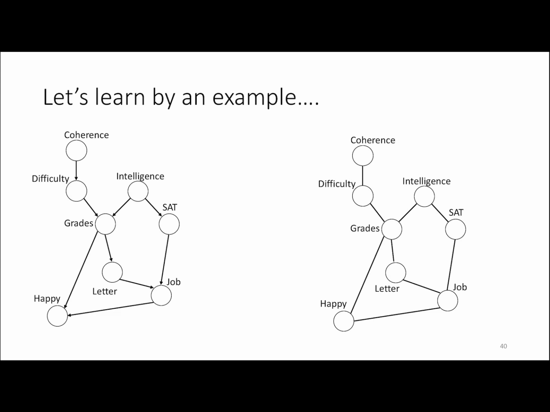The first step that we have to do is moralization. If I want to moralize that graph, whom should be connected to each other? Difficulty and intelligence, yes. Letter and SAT, yes. Anything else? Grade and job. Right. So basically you are marrying all of the parents of the V structures.